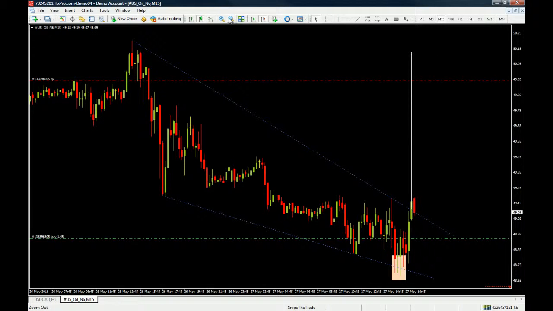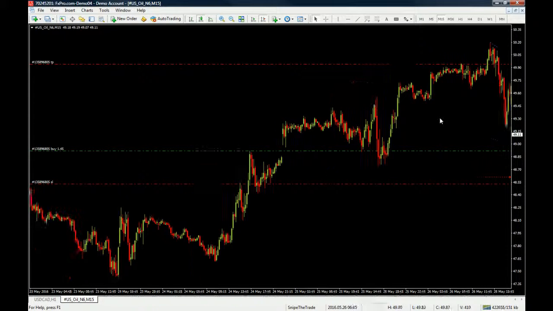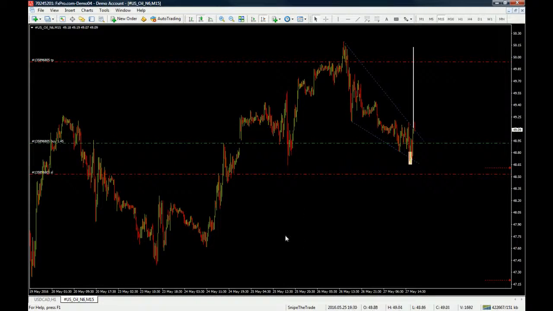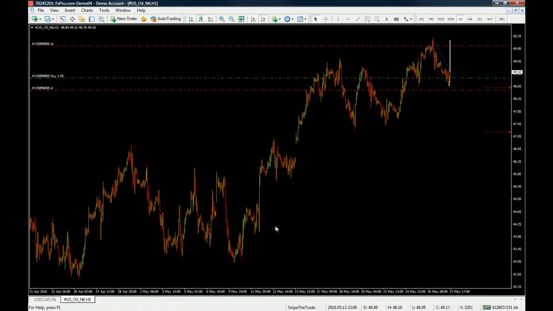Now if we zoom in again, you can see that we are in a very strong up move. This is the 50-minute chart, guys. But if we go to the hourly chart, you can see that we are actually in a very strong up move.